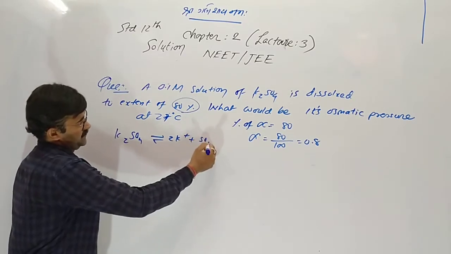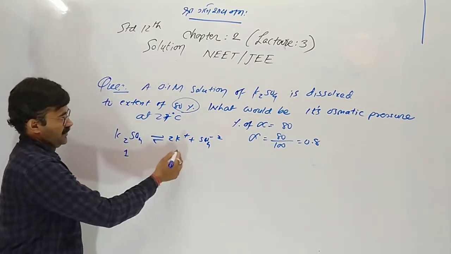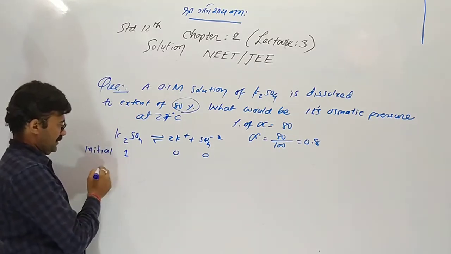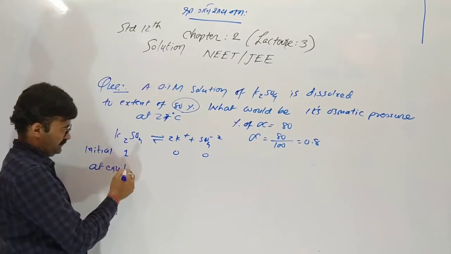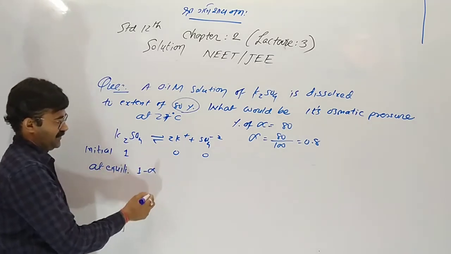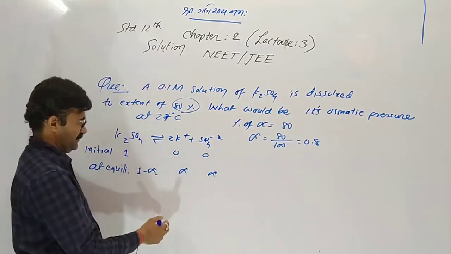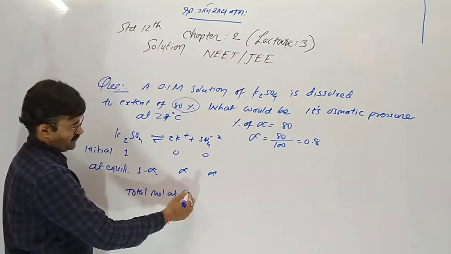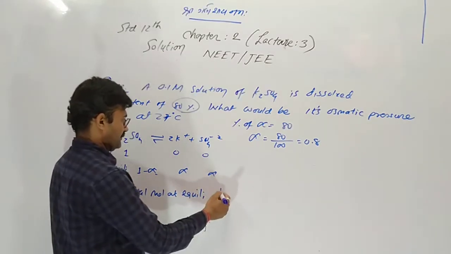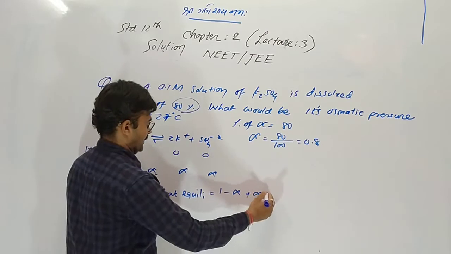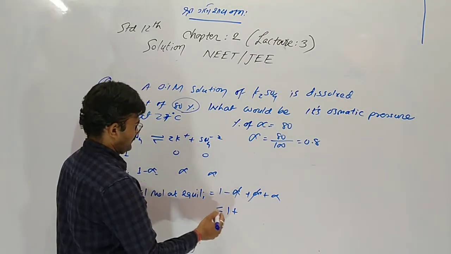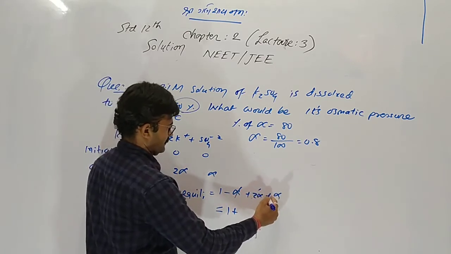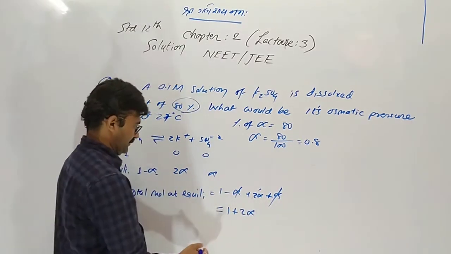Now for K2SO4, it dissociates into 2K plus and SO4 minus 2. Initially 1, 0, 0. Now at equilibrium, 1 minus alpha, 2 alpha, alpha. So total mole at equilibrium will be 1 minus alpha plus 2 alpha plus alpha, so 1 plus 2 alpha.